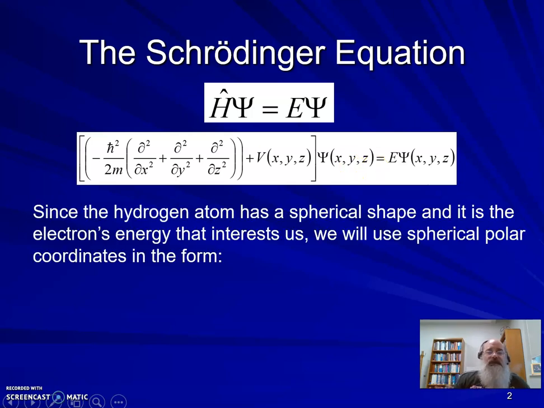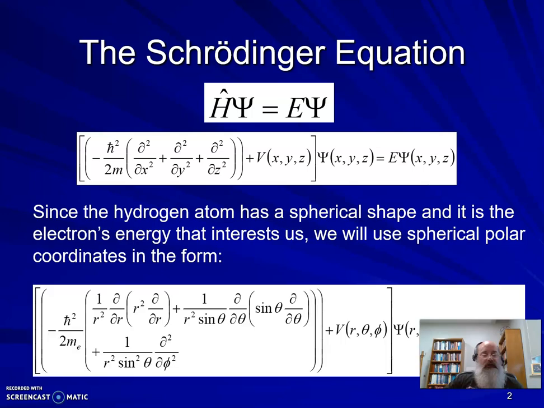Now, the hydrogen atom is not rectangular like the particle in a box problem was. And so we're going to be looking at a spherical item, and so it makes a lot more sense for us to use spherical polar coordinates for this version of the Hamiltonian. And so what we've done in this area, you don't have to memorize this part.